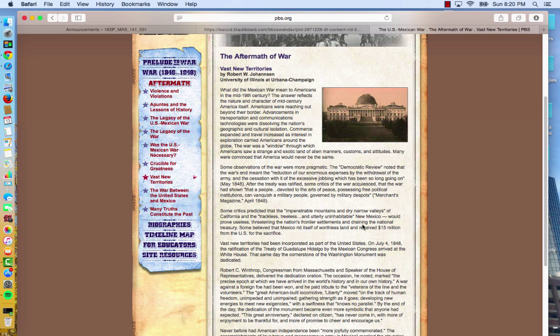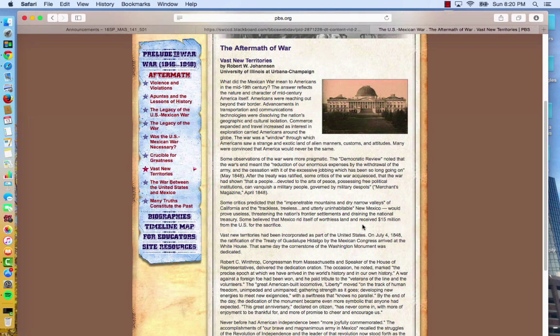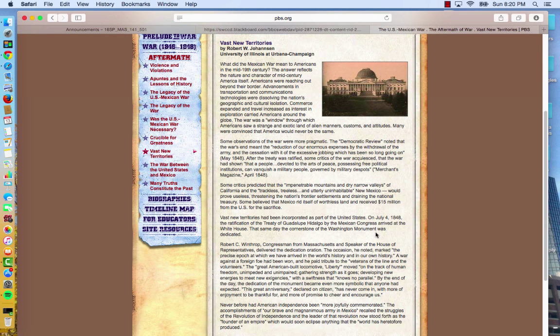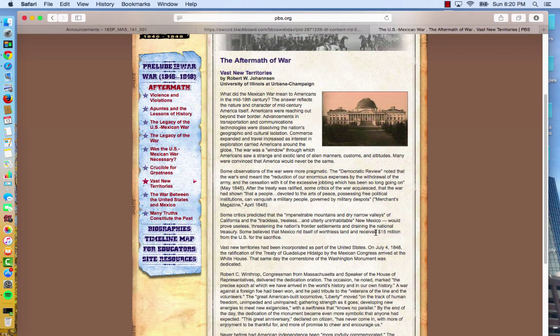Johansen makes a very good link between what that ideology meant back then and how it was translated to these times, and how a lot of Americans in this era, in the mid-19th century, saw themselves as the ones to carry on the tradition of people like Washington, Adams, Jefferson, Thomas Paine, John Hancock, and all of those guys.